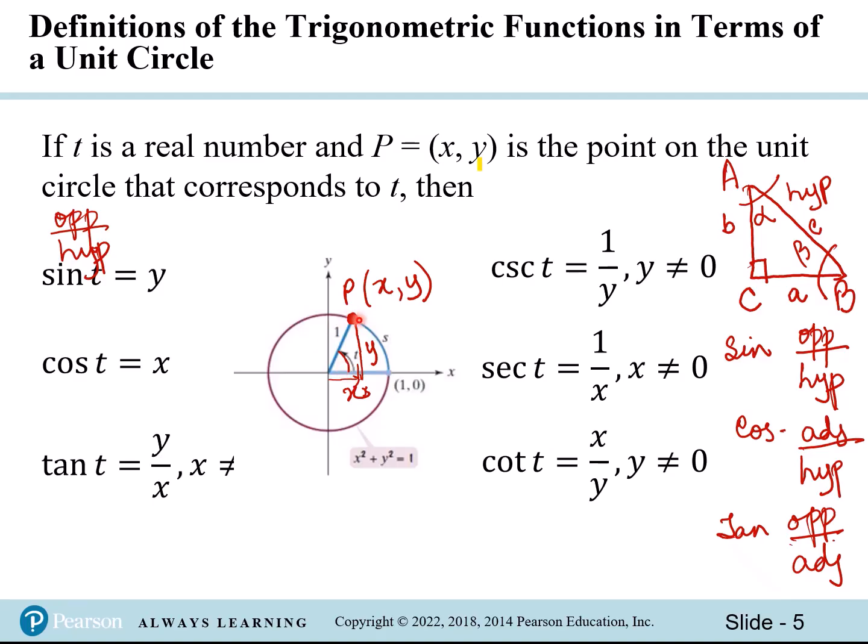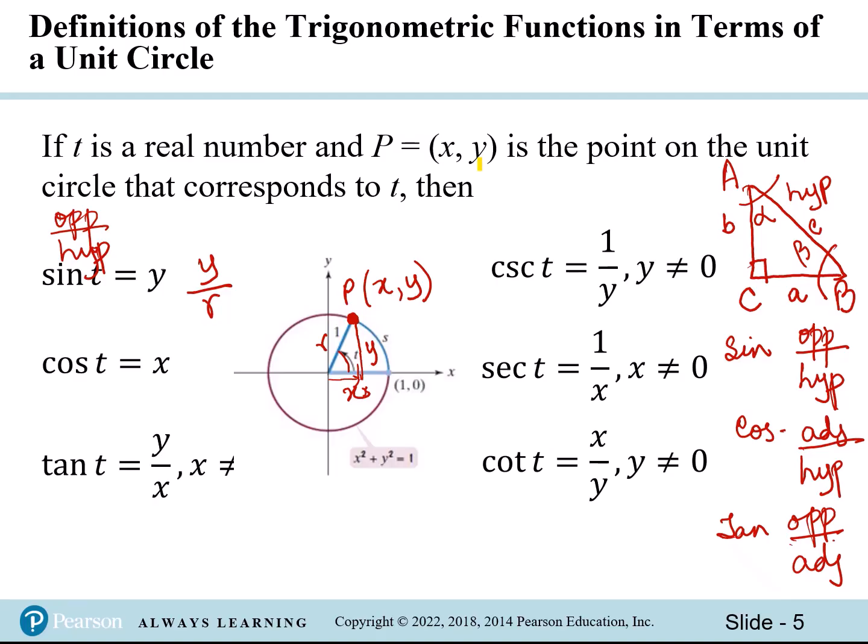So opposite is going to be y divided by, what is the measure of the hypotenuse? It is r. The hypotenuse is the radius of this circle. It's a line that goes from the center of the circle all the way to the circumference of the circle.